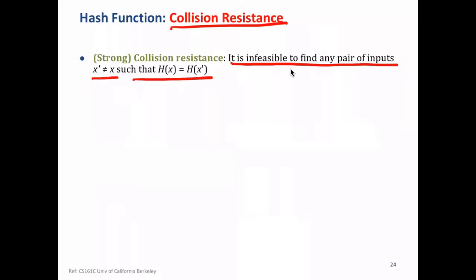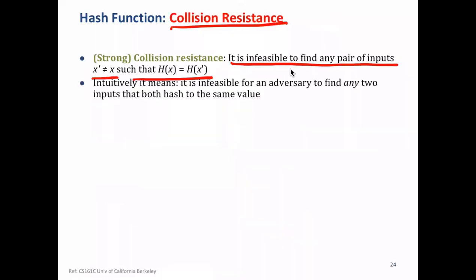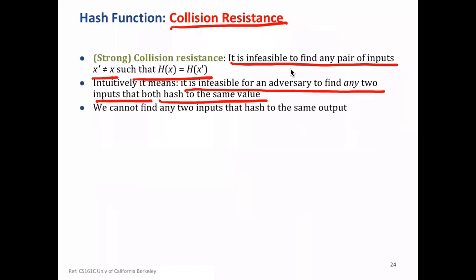Now we take the whole space: can you find any pair which maps into one value, that's y? Intuitively, it's infeasible for an adversary to find any two inputs that both hash to the same value.